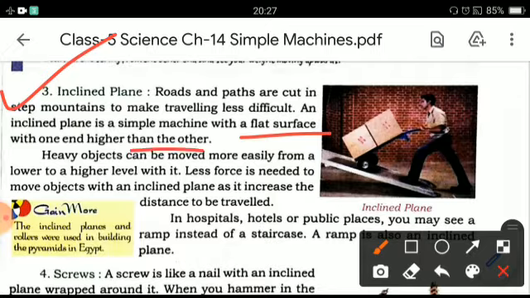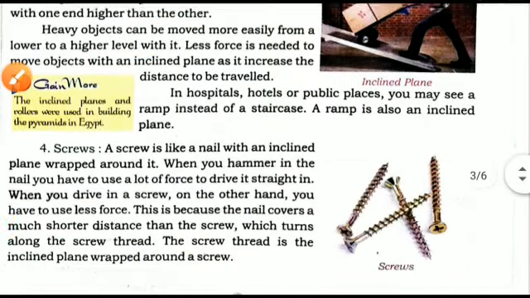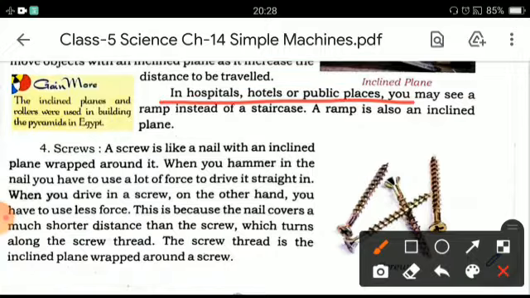Heavy objects can be moved more easily from a lower to a higher level with the help of an inclined plane, and less force is needed to move objects on inclined planes as it increases the distance to be traveled. In hospitals, hotels, or public places, you might have seen a ramp instead of a staircase. A ramp is also an inclined plane.